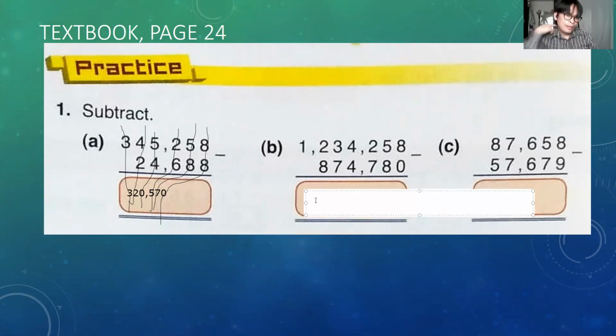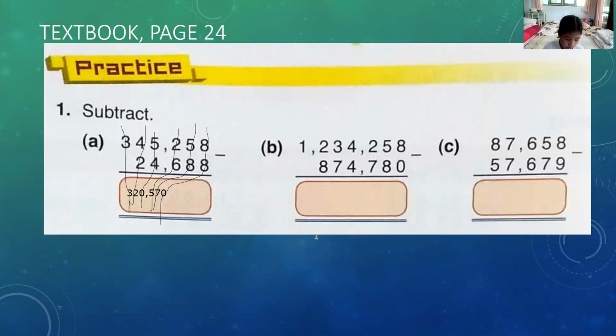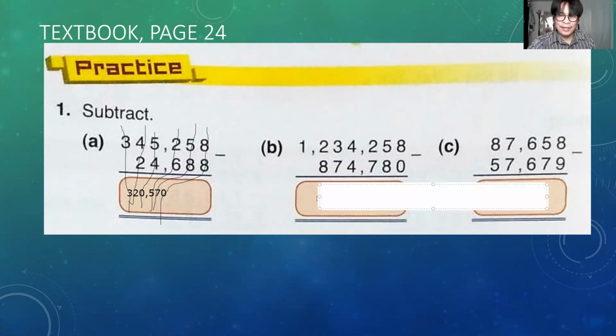So letter B, Look, Pry. Because you said you're done, what is the answer for letter B? 350,578. Wrong. Try again. It's wrong because my answer here is different from what you said.